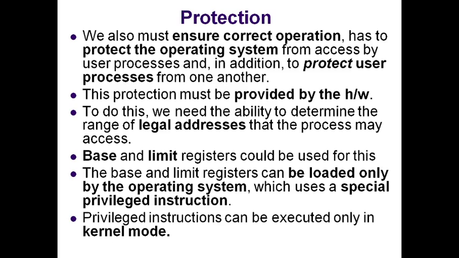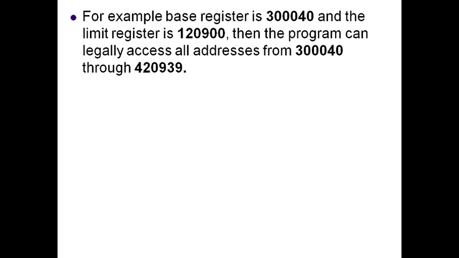But how is it going to protect the processes? We will see soon. For example, let us consider that the base register is loaded with the value of 300040, which is nothing but the starting address of a particular process, and the limit register contains 120900, which is nothing but the size in terms of bytes of that process.